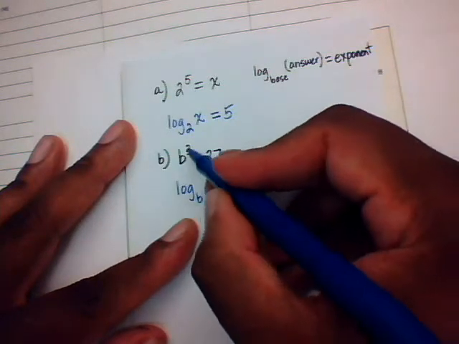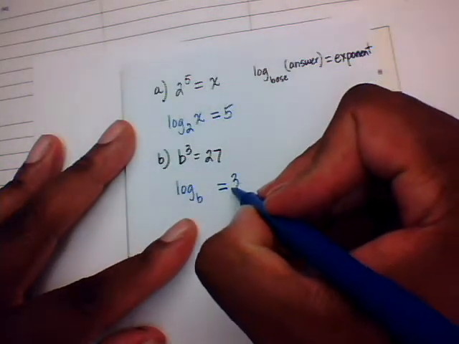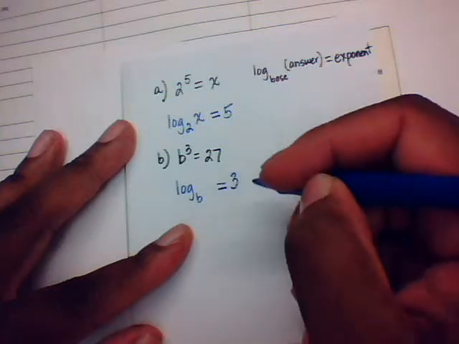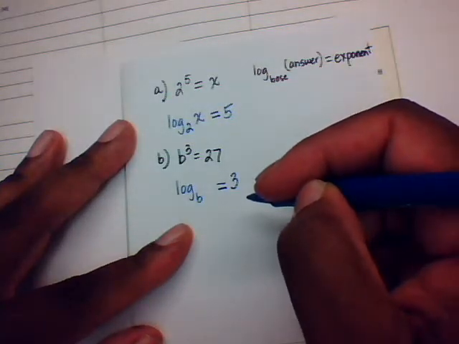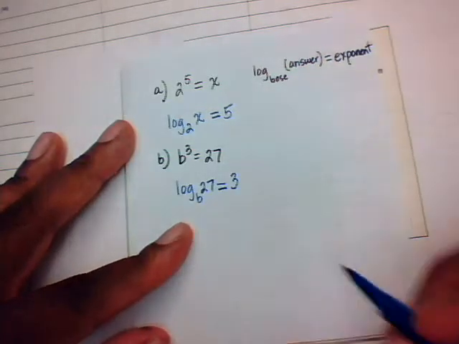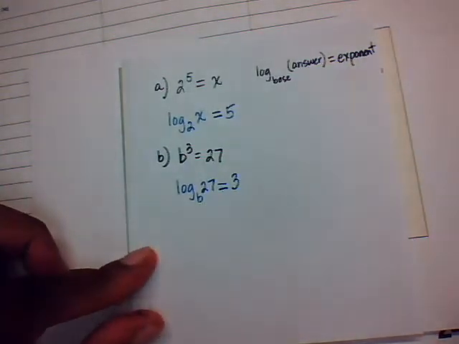We know the exponent for b is 3, so that 3 will go after the equal sign, because when you're taking a log of something, you're always finding out what that exponent is. So here the 27 will have to be immediately after the log. So it'll be log to the base b of 27 equals 3.